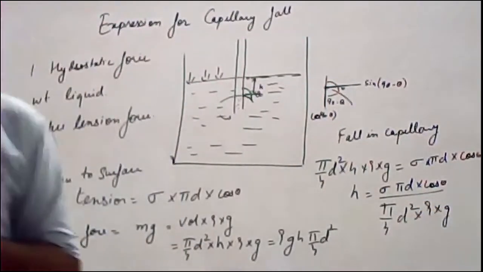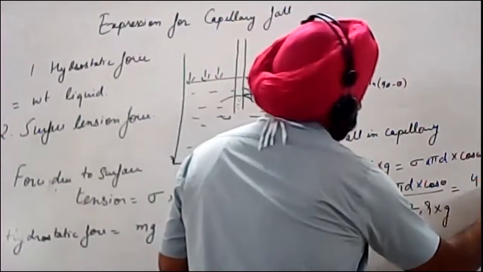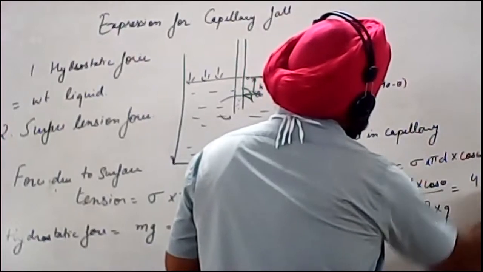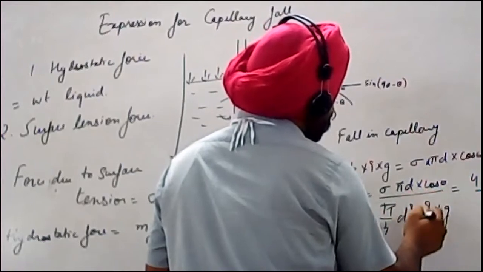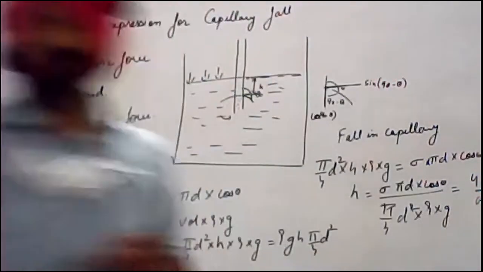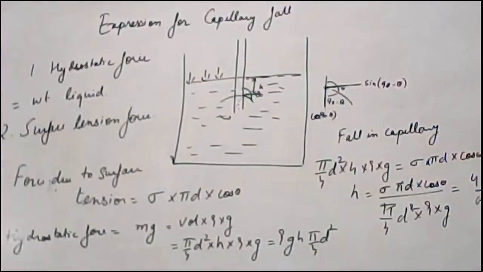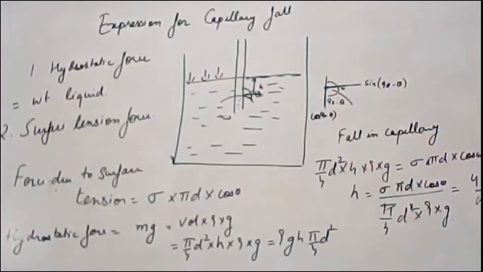Similarly, as we have done earlier, h is equal to 4 sigma cos of theta divided by, we will cut pi with pi and d with d, so d rho g. So this is the expression for the fall in a capillary. Just note down these two formulas. Now we are going to solve some numericals. If you have some questions up to this, you can ask.